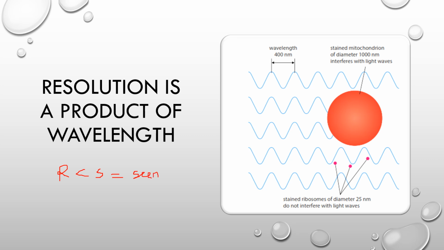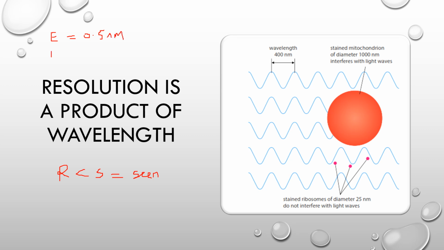The resolution of electron microscope, like I've mentioned, is about 0.5 nanometers. That's resolution, not wavelength. Wavelength is converted to resolution by calculation.